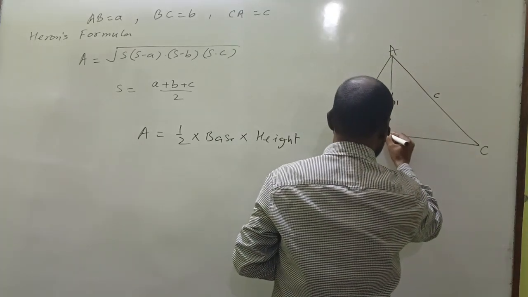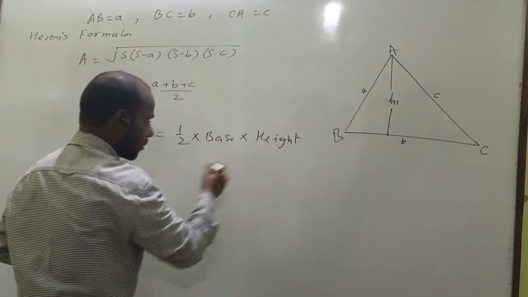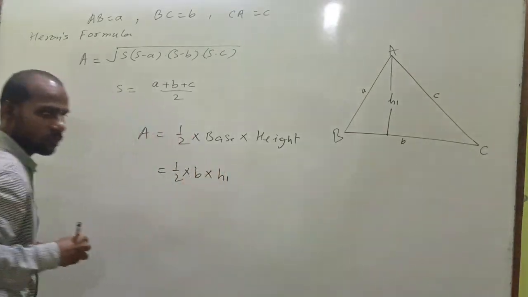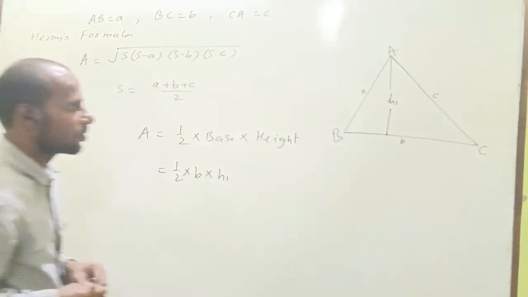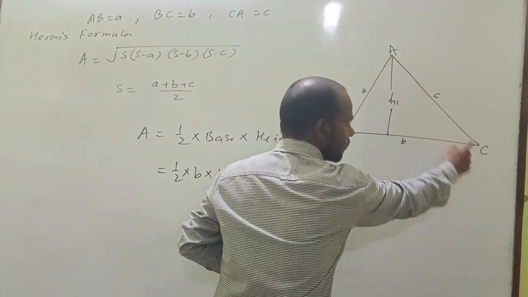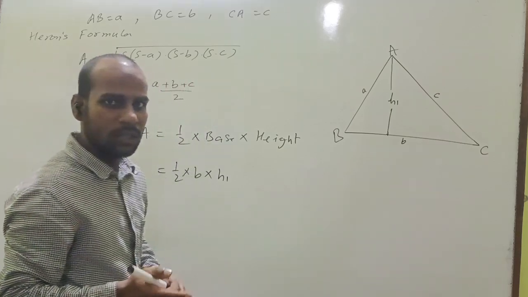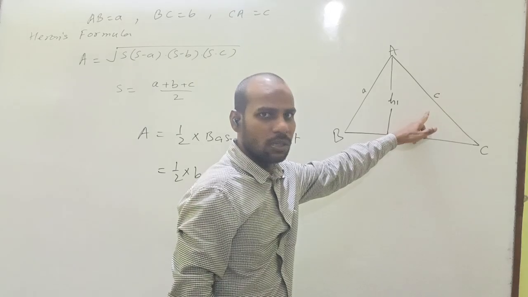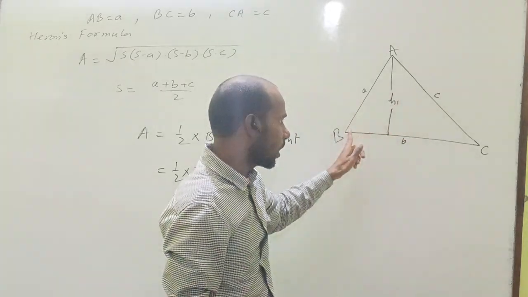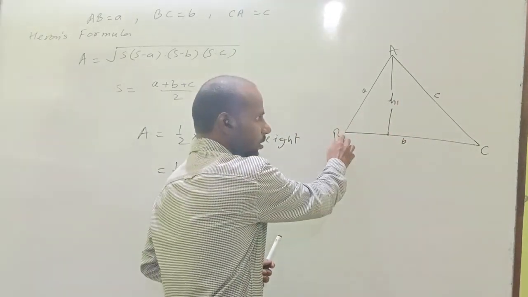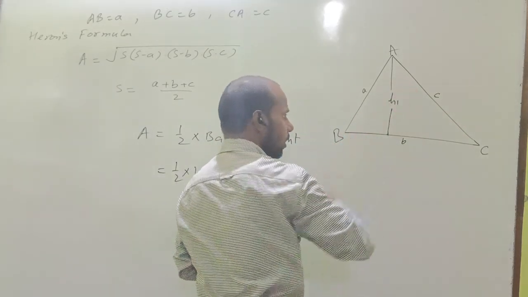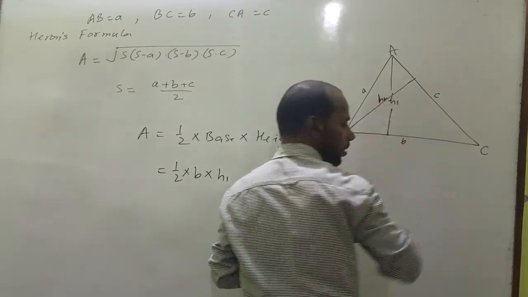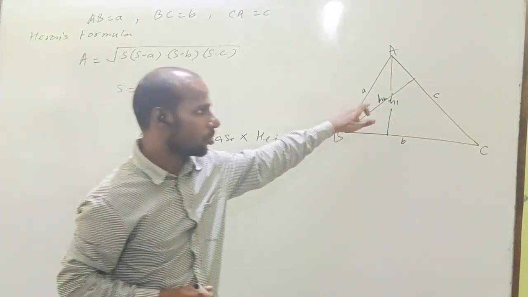Then by applying this formula, the area would become 1 upon 2 into base into h1. But if we choose the base CA, then we need the height of this triangle according to CA, and the height would be a perpendicular from this vertex on this side, and that will become a different height, and we call it H2.